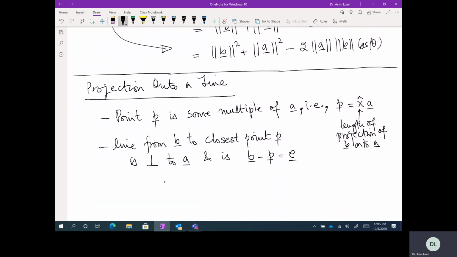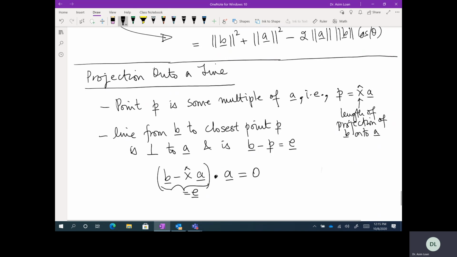So we say B minus x hat times A, dotted with A, this error, is 0.